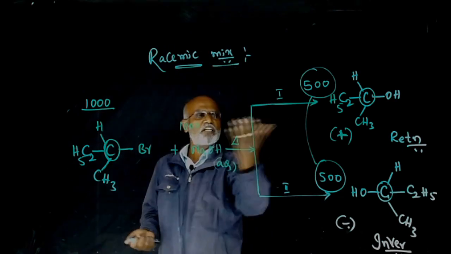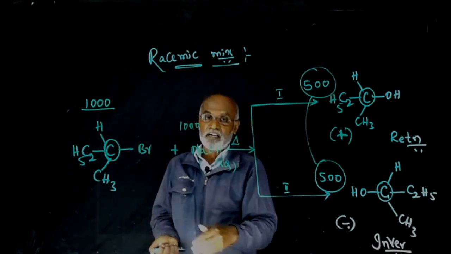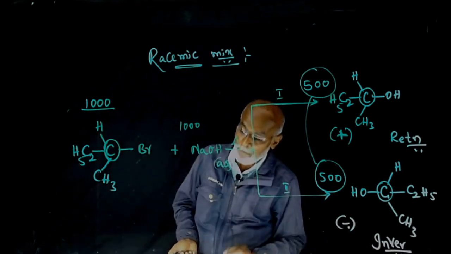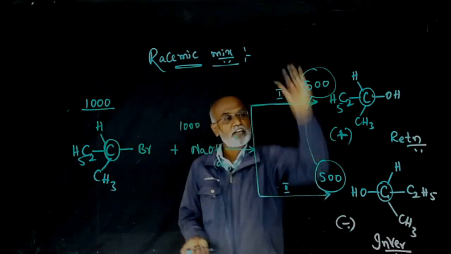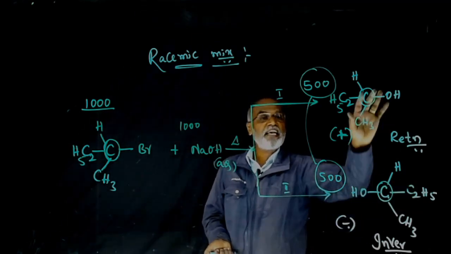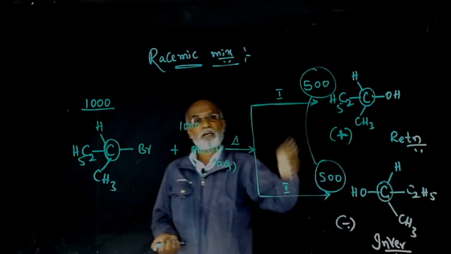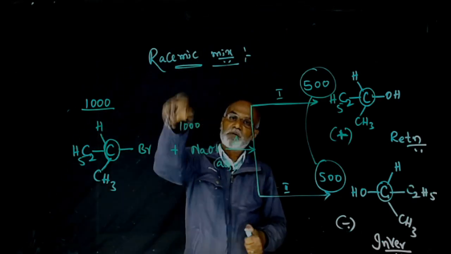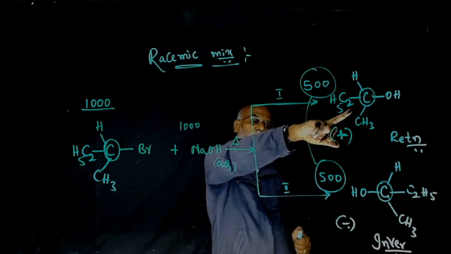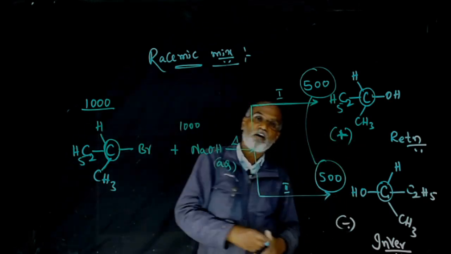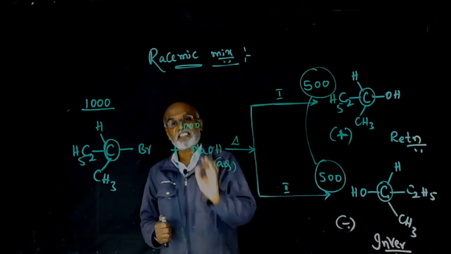So the racemic mixture is optically inactive because the mixture contains equimolar quantities of both plus and minus isomers. The rotation caused by one isomer is compensated by the other isomer, which is the main reason for the optical inactivity of racemic mixture. The racemic mixture is optically inactive because the rotation caused by one isomer is compensated by the other isomer, hence it is called external compensation.